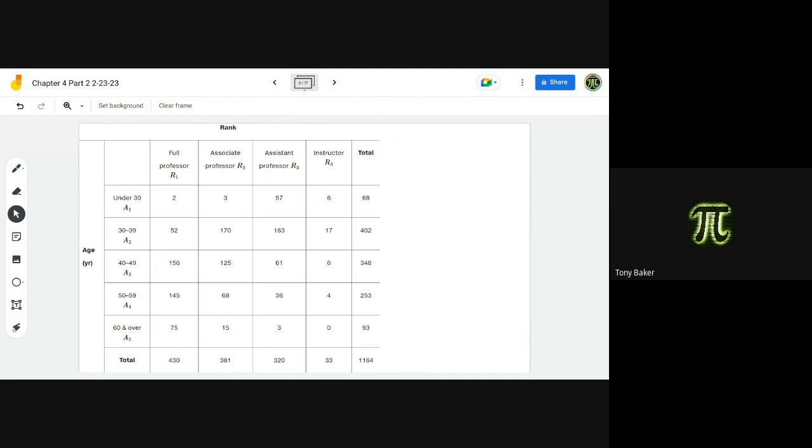So the order actually really matters in this respect, right? If I said, what is the odds of me getting somebody under 30 if they're an associate professor, then it would have been 3 out of the 381. But the way that I stated it was 3 out of the 68. So it's really a matter of which one comes first, which one comes second. But the contingency table allows me to see all that breakdown of data without having to actually come up with a bunch of them.